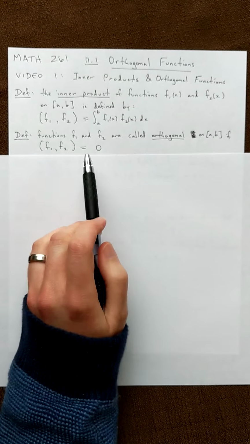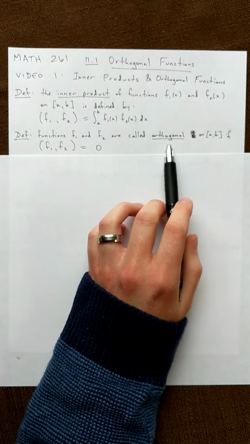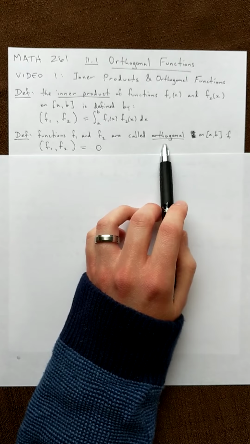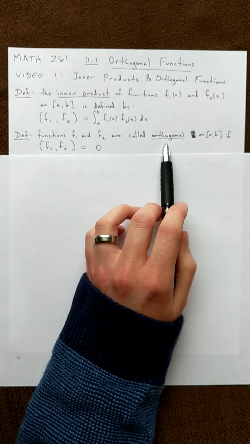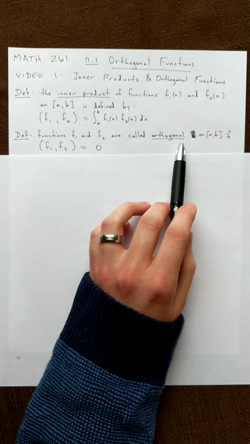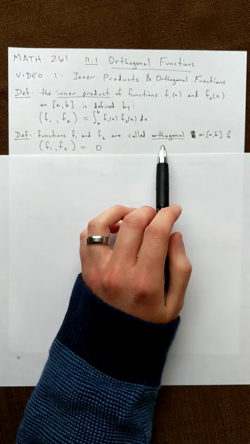Okay, so if we're talking about two functions, they're called orthogonal. If you think back to vectors, orthogonal and perpendicular both mean the same thing: they are at a right angle. For functions, they're not really going to be at a right angle, but this is the equivalent for functions.